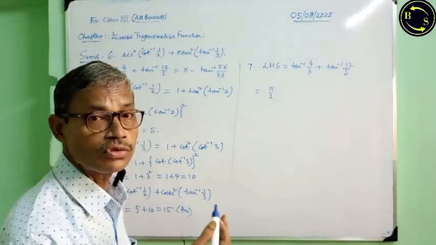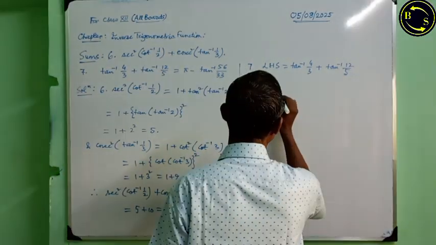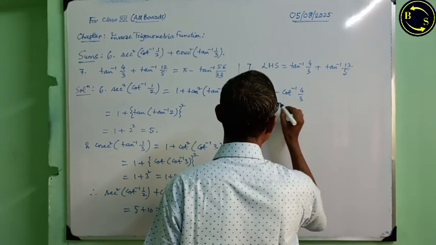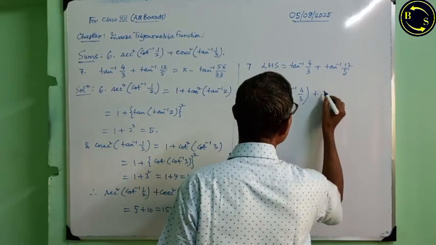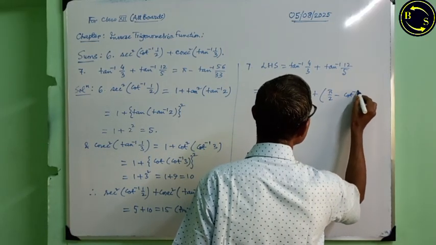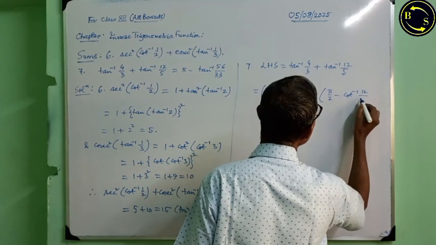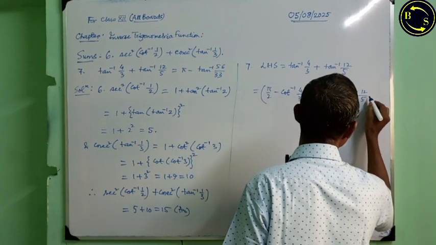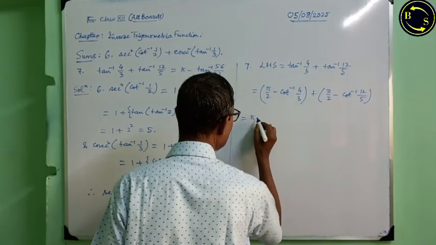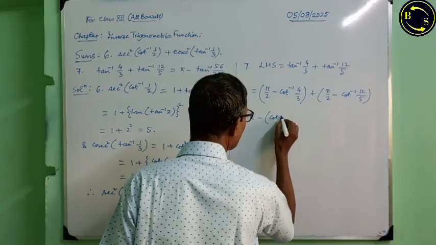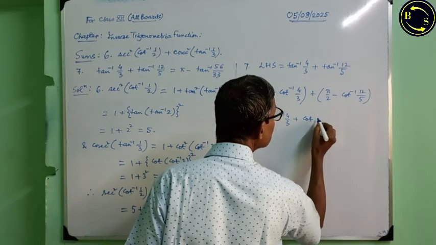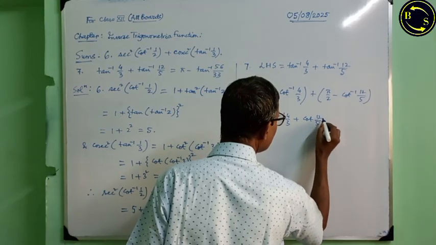Therefore, first I convert those into cot form. This is the first one plus pi by 2 minus cot inverse 12 by 5. Now we take these two, therefore pi minus, within brackets, cot inverse 4 by 3 plus cot inverse 12 by 5.